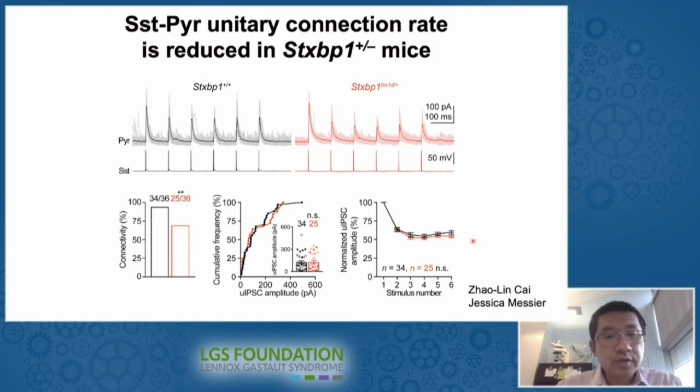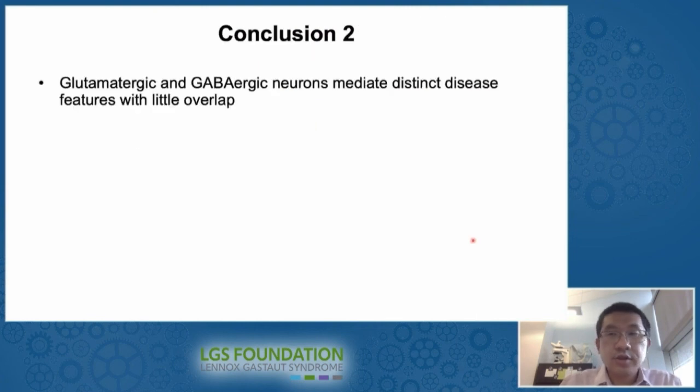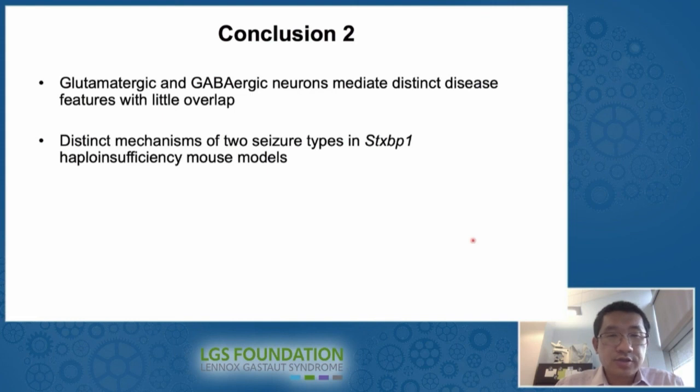So this allows us to conclude that the glutamatergic and GABAergic neurons mediate two distinct disease features with very little overlap. Second, there must be two distinct mechanisms for this seizure in the heterozygote models, because each of the seizure types was recapitulated by one particular cell-type-specific deletion, but not the other.